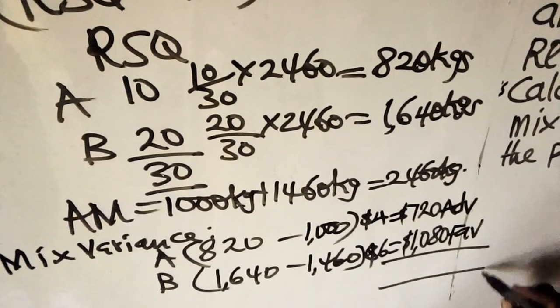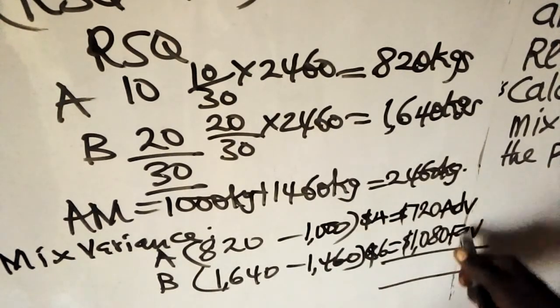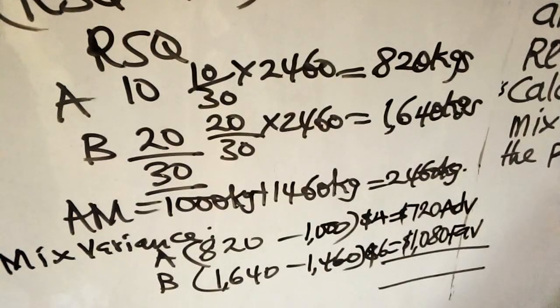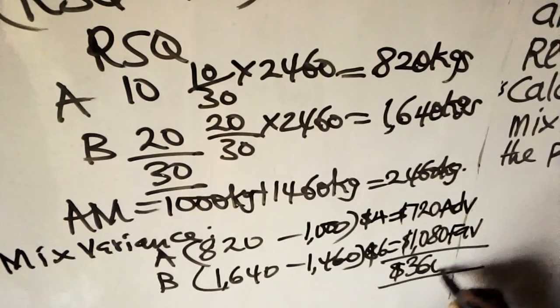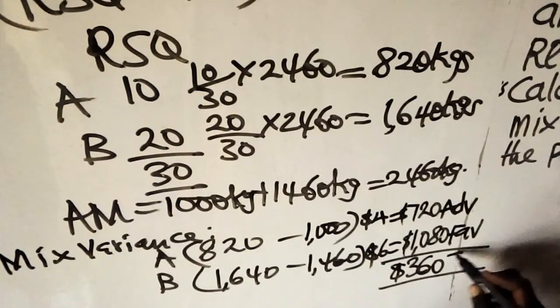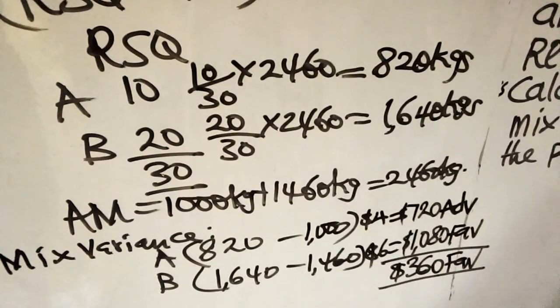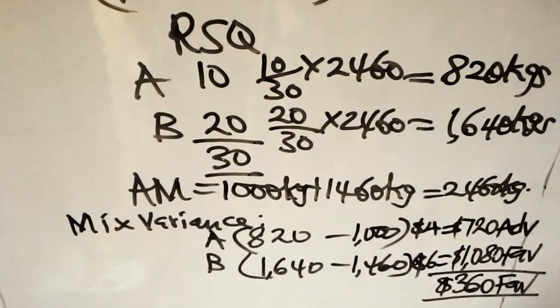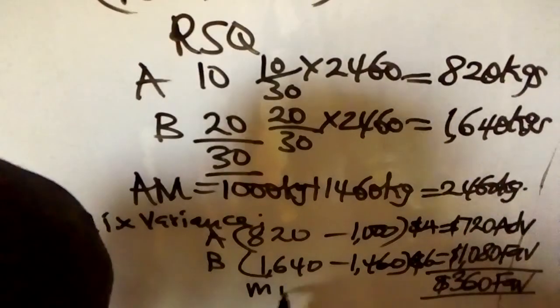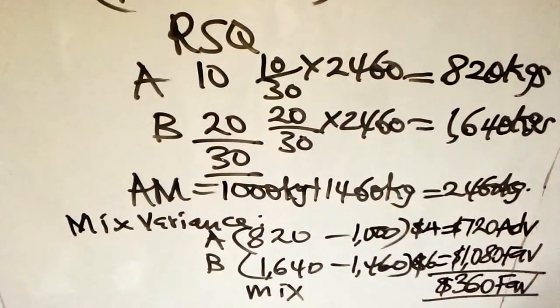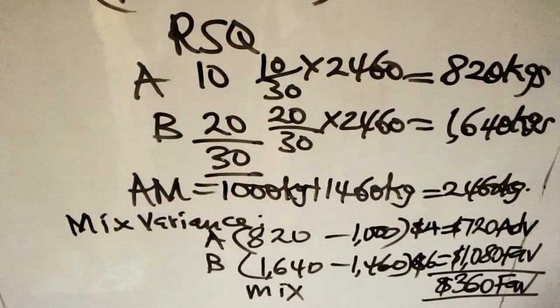So when you sum it up, this is favorable, this is adverse, so you subtract the adverse from favorable, then you have a difference of 360. Since favorable is more than adverse, you still have 360 favorable. Material mix variance is 360 favorable.